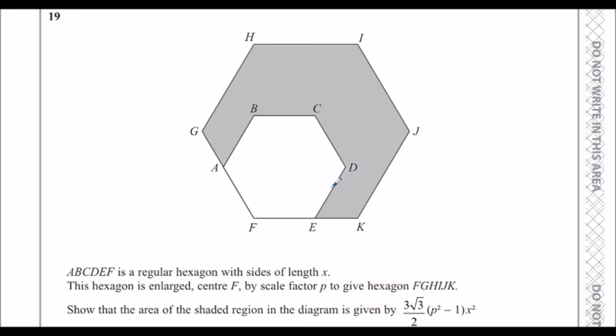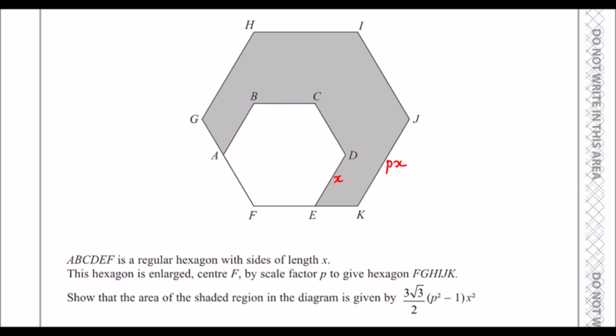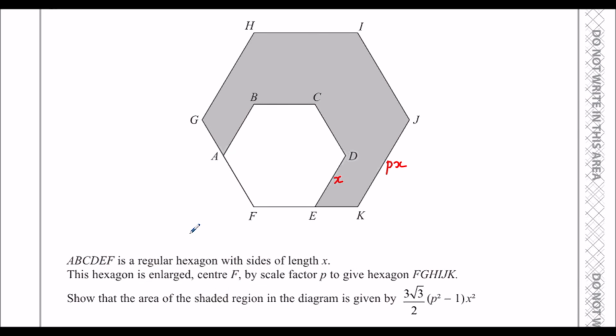So the length of the smaller sides are x, and the length of the sides of the bigger hexagon, which has been enlarged by P, are PX, P times X. Show that the area of the shaded region, so the area of the big hexagon take away the area of the small hexagon, is given by 3 root 3 over 2 times P squared minus 1 times X squared.